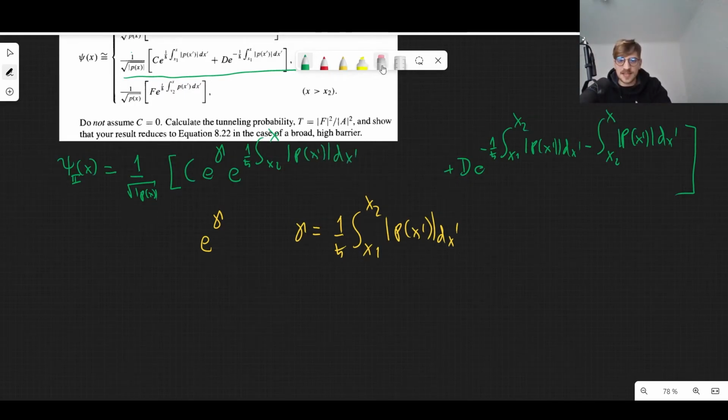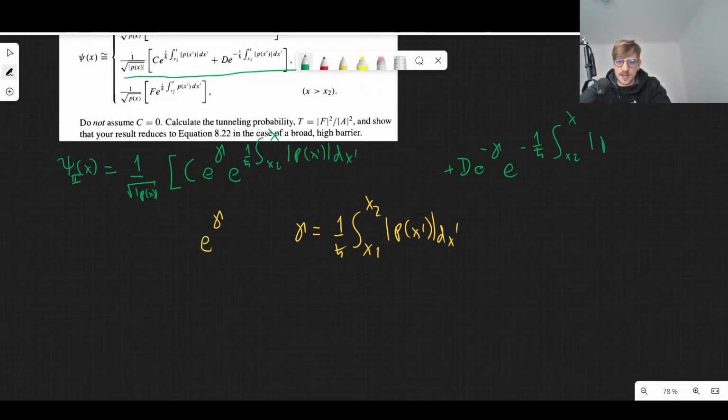And here we do the exact same thing. So this will be e to the minus gamma, and then e to the minus 1 over h bar. I think I forgot to write 1 over h here, but it's all right. So 1 over h bar, integral from x2 to x, and this is what we already know, so nothing new here. Okay, so this is what we have now.